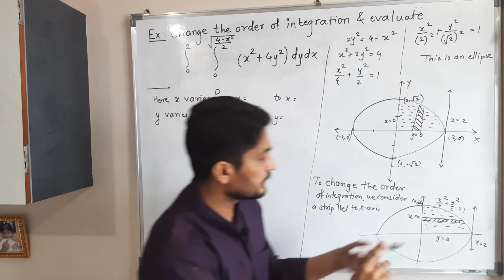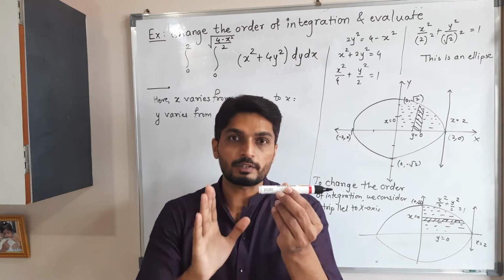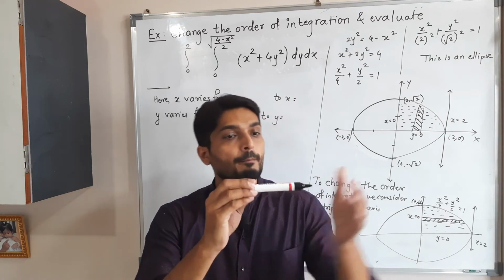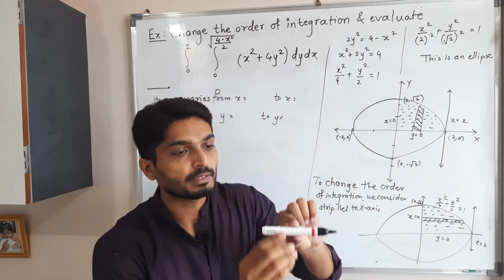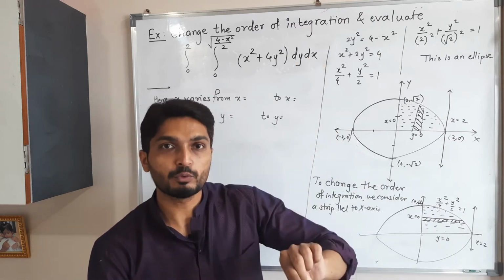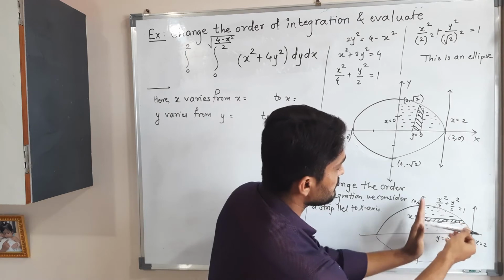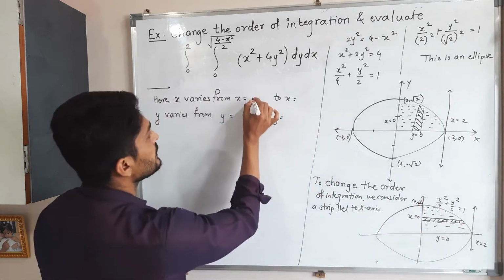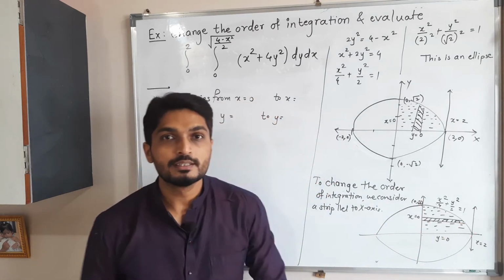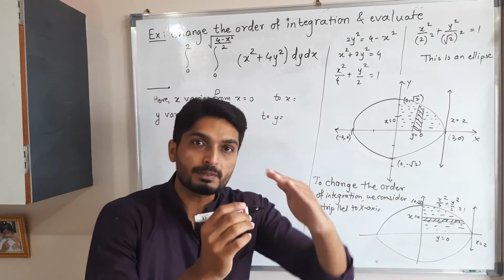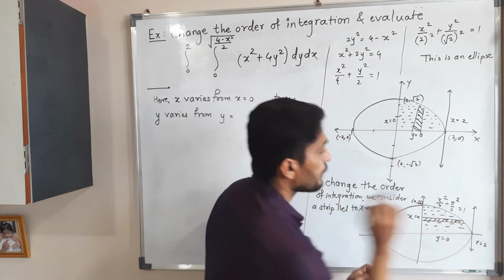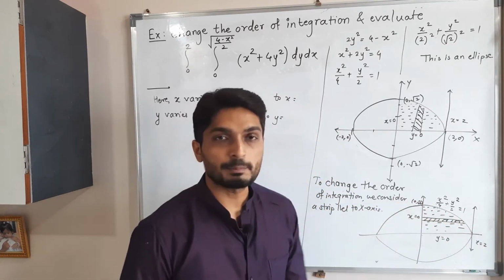So the strip is like this. The strip is bounded below and bounded above, and we move the strip from bottom to top. At the base, the strip is bounded below by x is equal to 0, and bounded above by this part of the ellipse.